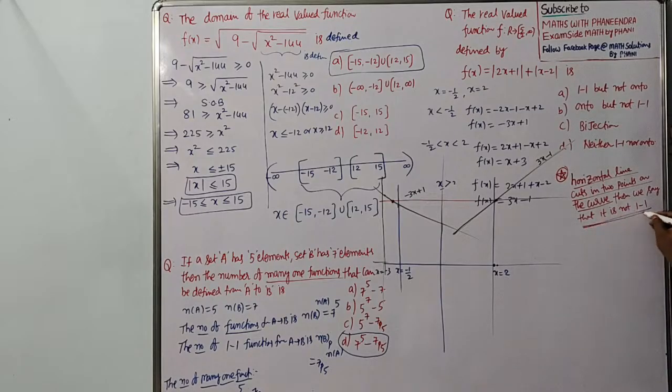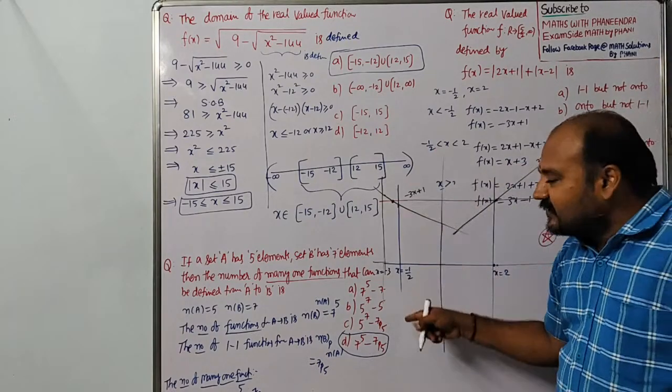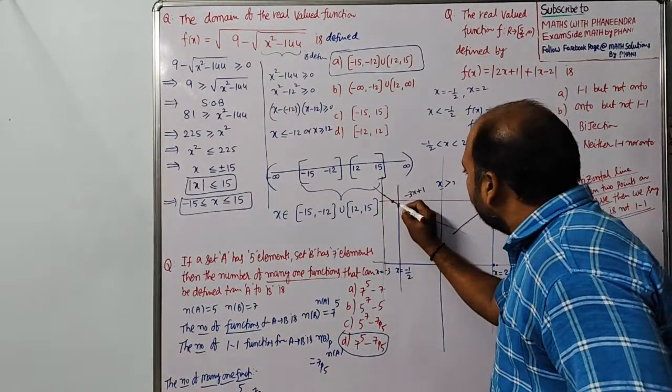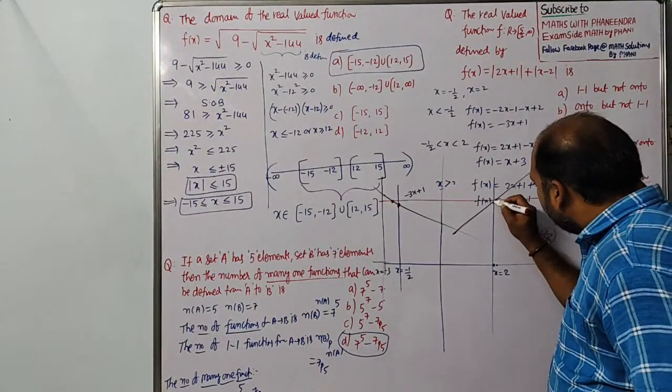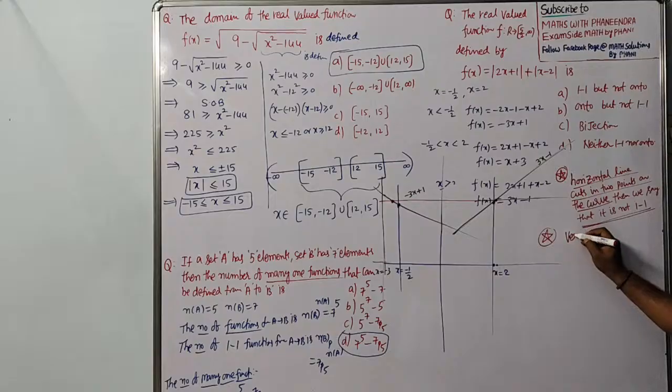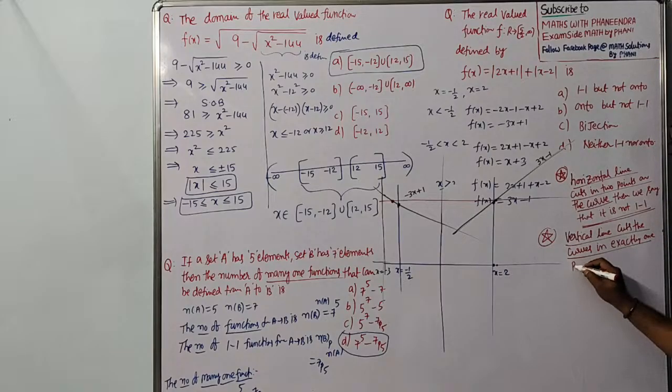This is very important. And one more important point: the vertical lines cut the curve in one and only one point. If the horizontal line cuts the curve in exactly 1 point, then it is onto.